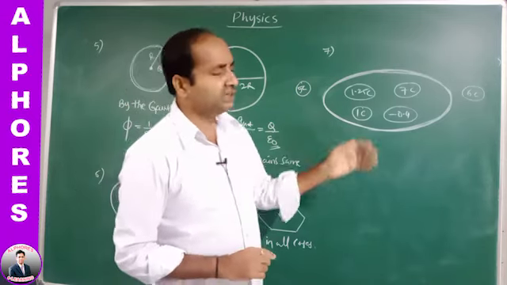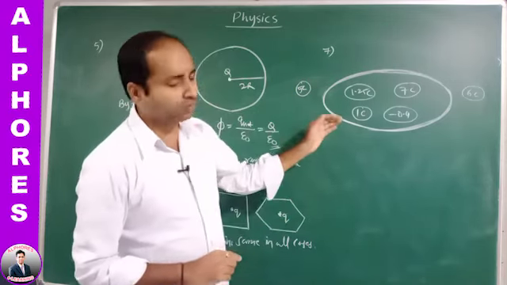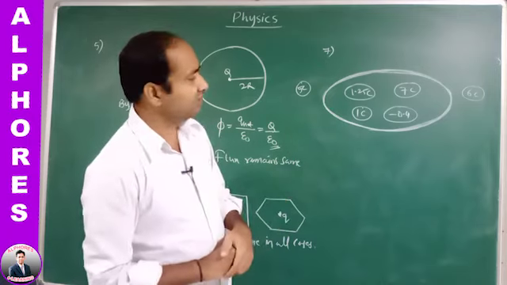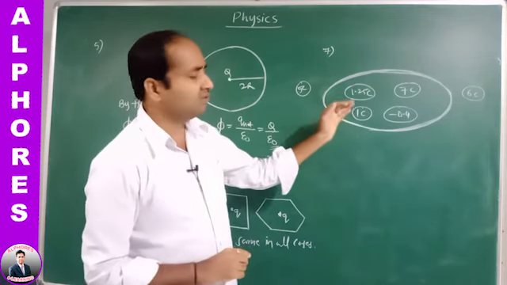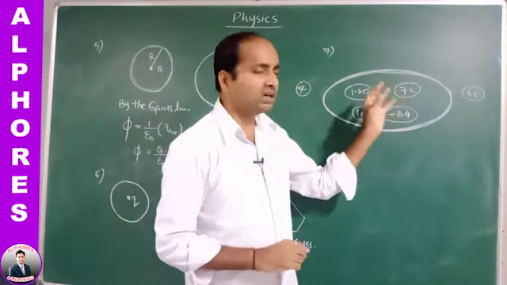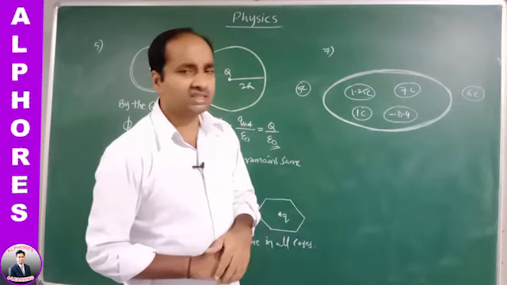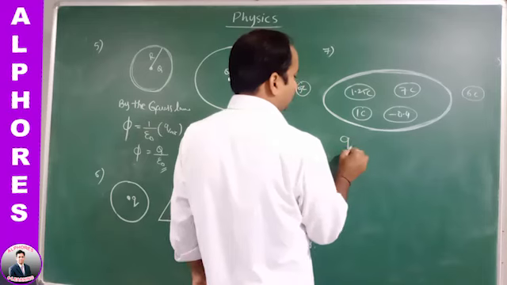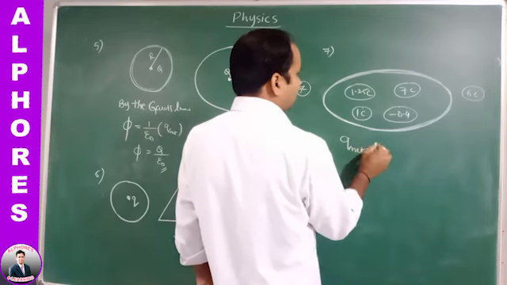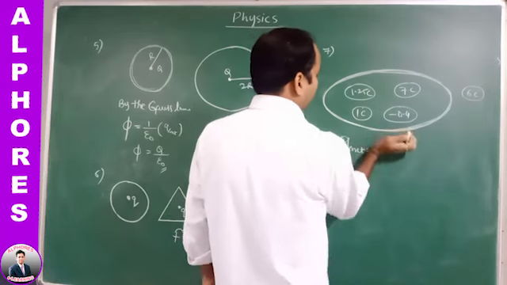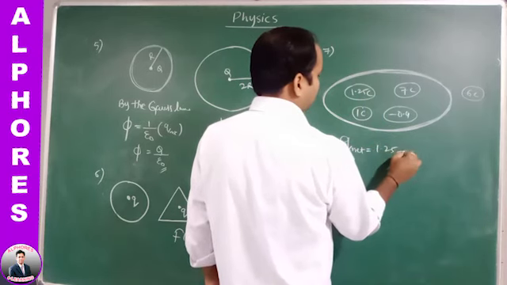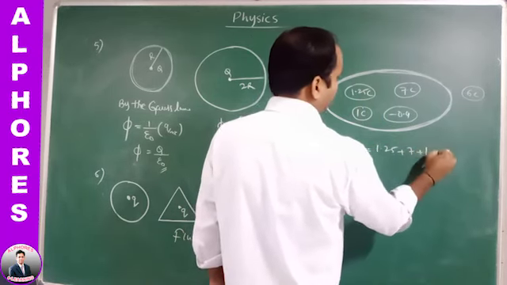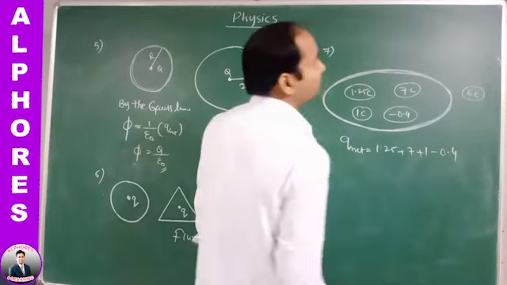So now we should find the electric flux through the closed surface, so we should consider the enclosed charge. What are the charges enclosed by this surface? The net charge enclosed is 1.25 plus 7 plus 1 minus 0.4.